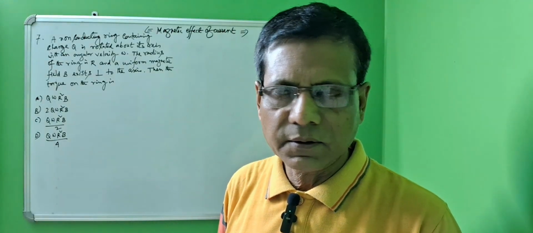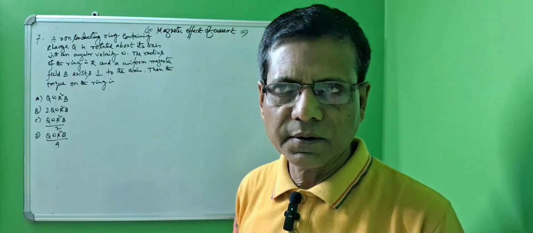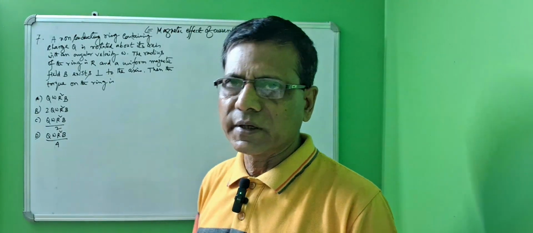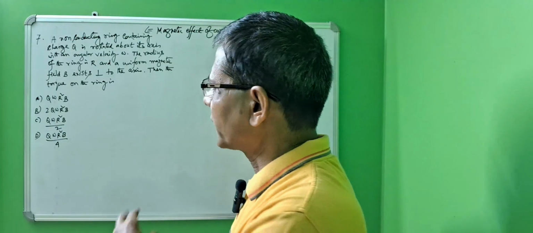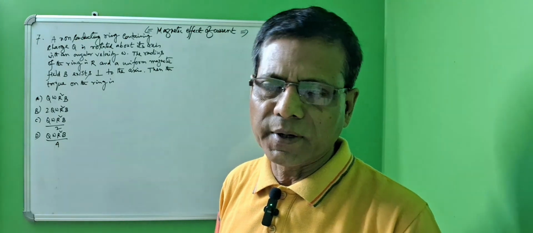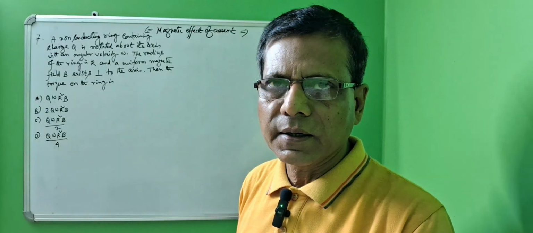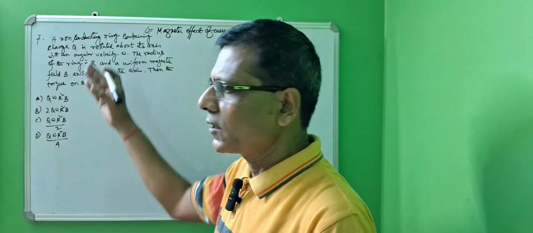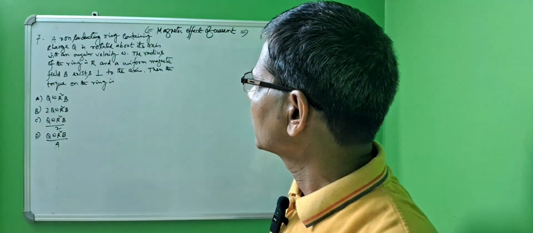Q by T. Q charge is rotating, so Q by T, where T is the time period, we can get the current. Then we have to find the magnetic moment, which is IA. I is the current, A is the area of the circular non-conducting ring.